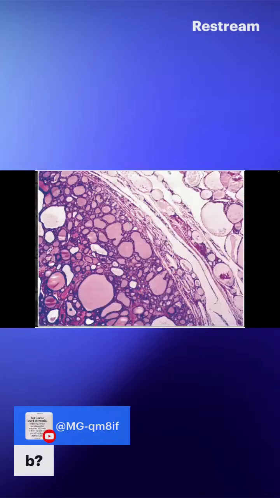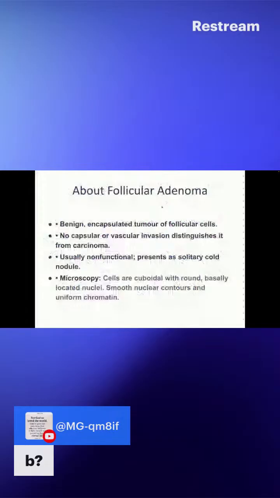What I mean is, if you have follicles budding through the capsule and going out like a mushroom, this is a follicular carcinoma, not adenoma. And if you have any blood vessels having thyroid follicles inside them, this is also thyroid carcinoma.